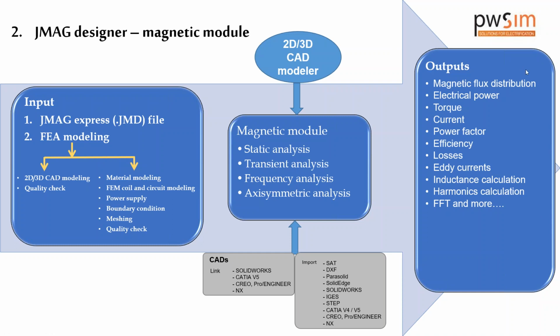Previously we were looking into torque, efficiency, etc. Here you can see the magnetic flux distribution, the magnetic field strength, the heat flux, the heat density, the electrical power, the eddy currents, the inductance, the harmonics. You can do the FFT analysis on that. So Designer is a very wide spectrum when compared to Express. Express is the basic module, and you do the FEA in Designer.